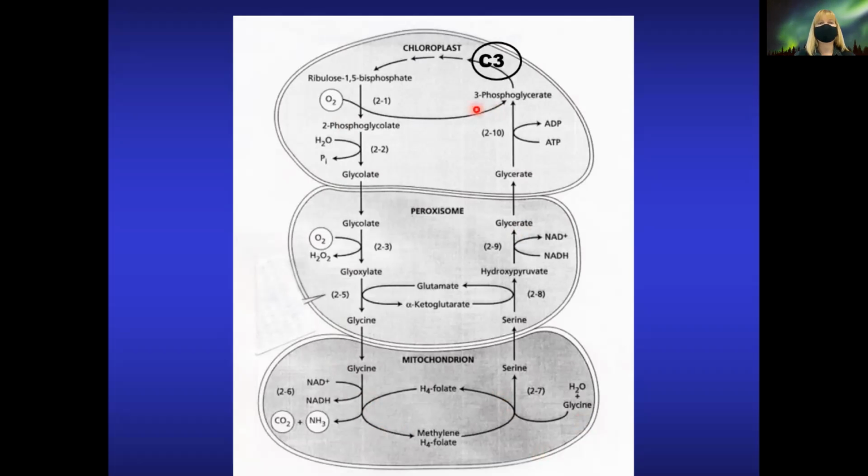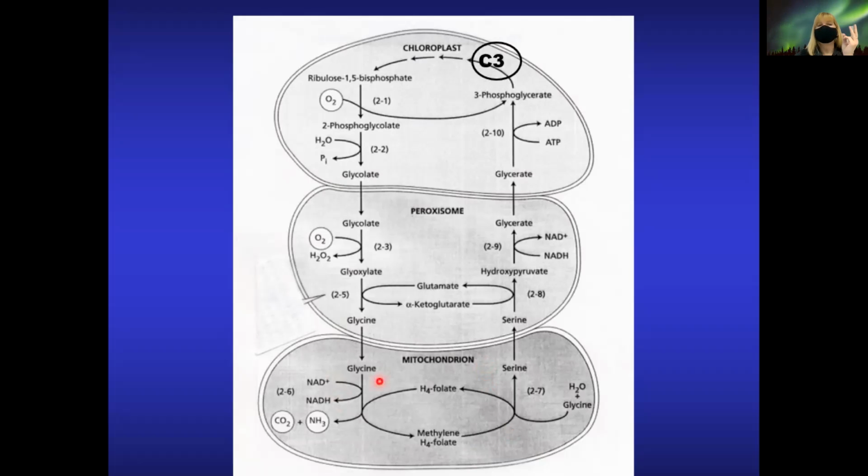All right, so you have glycine getting made in the peroxisome. It gets transferred to the mitochondria, but you actually have to do that twice because you need 2 glycines. And then by the time it leaves the mitochondria, you have a serine molecule. All right. Now, let's see. Serine is 3 carbons.